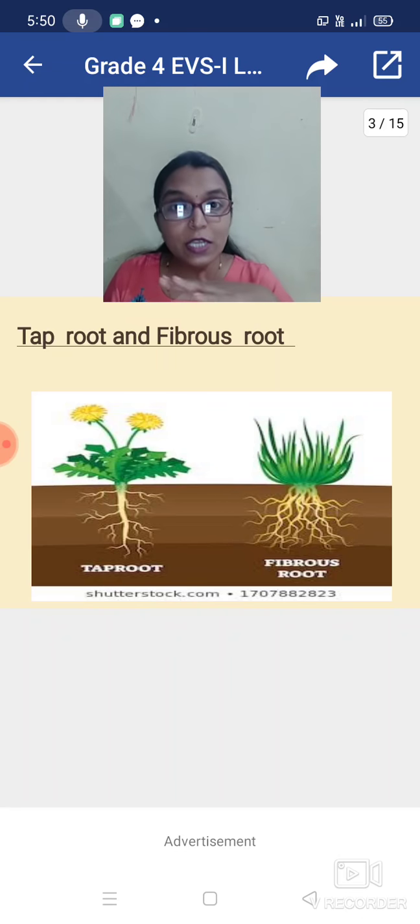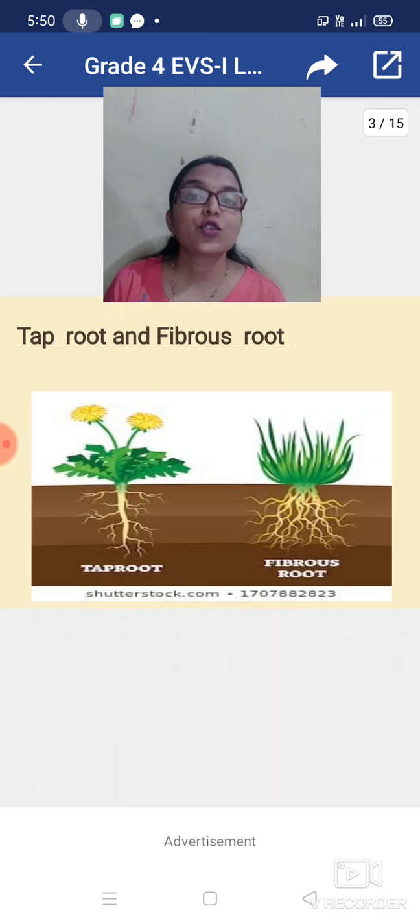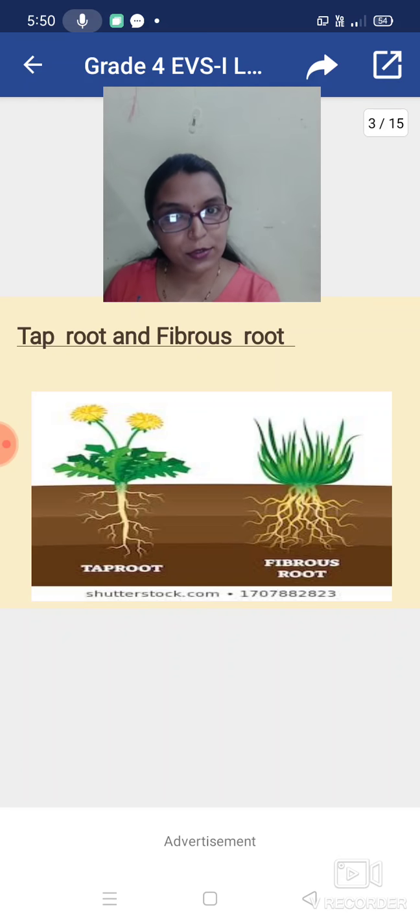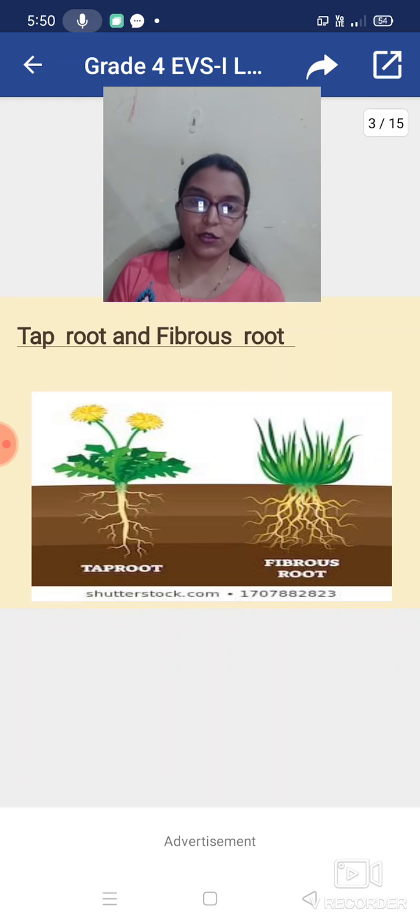The carrot goes under the ground. It is only the root, and it has a thick structure with some branches. You can see this in the carrot, radish, and beetroot also. They are examples of the taproot system. And for fibrous roots, plants like sugar cane and wheat have fibrous roots. So it is very simple, we can remember there are 2 types of roots, taproot and fibrous root. Some plants have the taproot system, some plants have the fibrous root system.